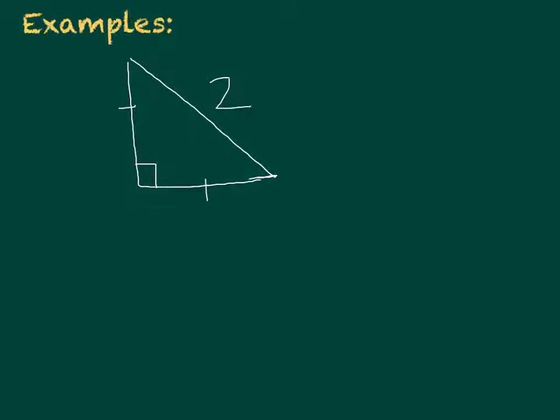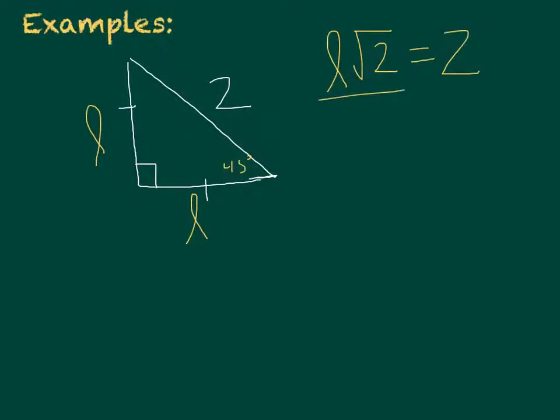Let's look at another one. It's related. We can see we have an isosceles triangle, so that means that we have 45 degrees. We have a hypotenuse that's 2, and we want to know what the legs are. Let's call that L for the unknown leg. Well, a leg multiplied by radical 2 is equal to the hypotenuse, so we're going to divide by radical 2.